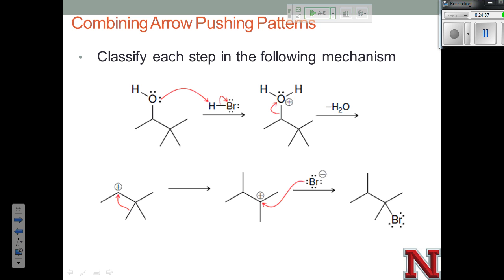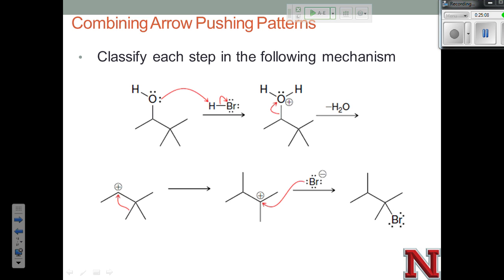So looking at this mechanism, we have the arrows drawn. Convince yourself that each arrow shows the formation of the next thing drawn. This shows the bond forming between oxygen and hydrogen, and then bromine leaving with these 2 electrons. This is what we have. Now we're not even showing the Br negative, sometimes we don't. Then this shows the loss of water, this OH2 plus, our oxonium ion, takes the electrons to form water.